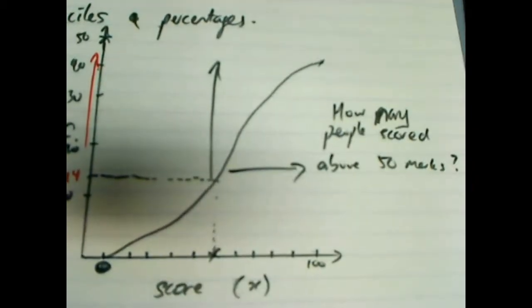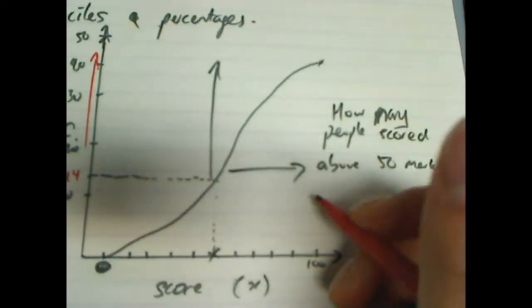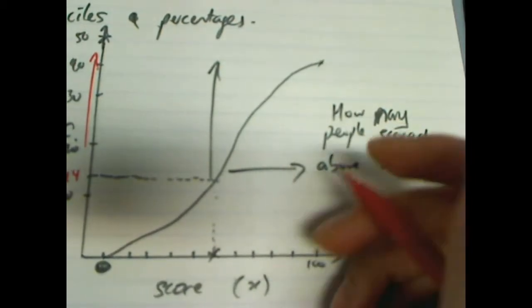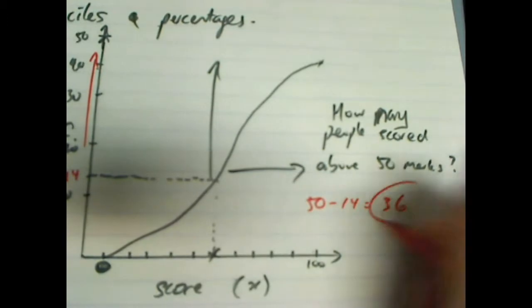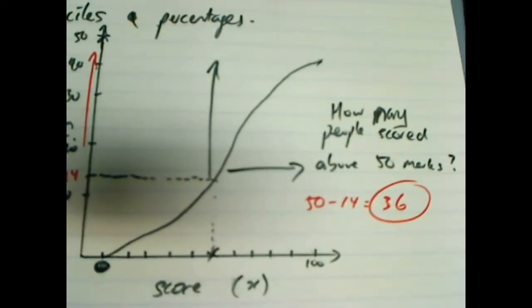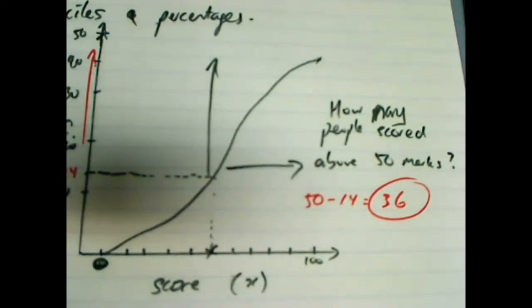So 14 and onwards scored 50 marks and above. So you're going to say 36 people did. You see that? 36 people did. And then they can do the reverse.